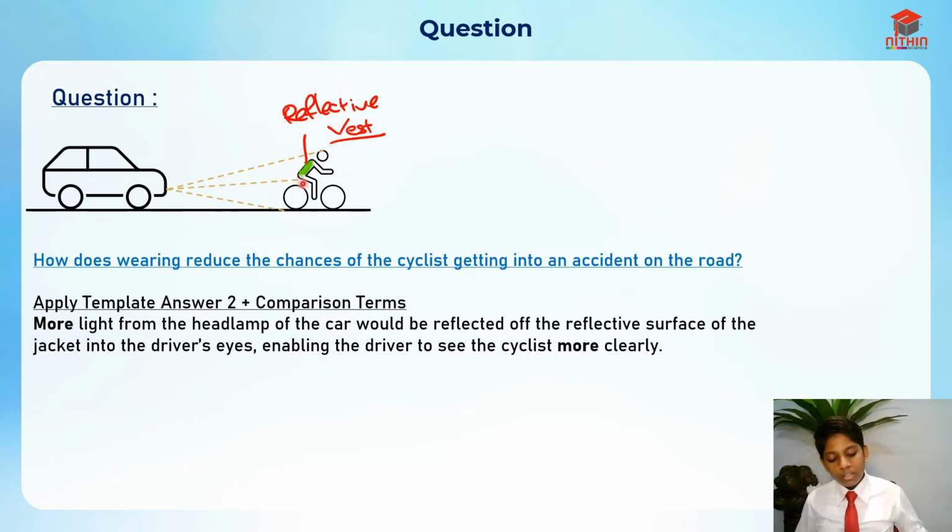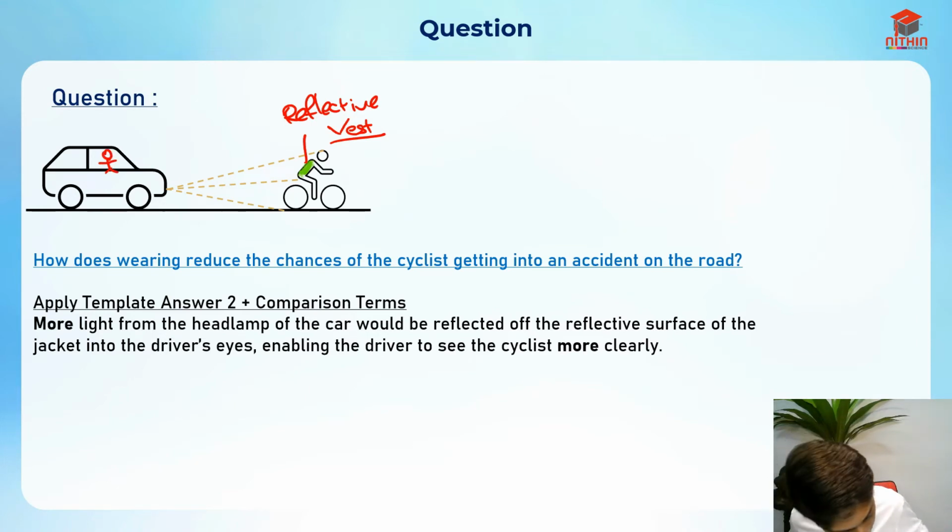Without the reflective vest, the driver cannot see the cyclist because the cyclist's clothes might just absorb the light. But with the reflective vest on, the driver can see, because the light is reflected off him into the driver's eyes. Imagine there's a driver over here.